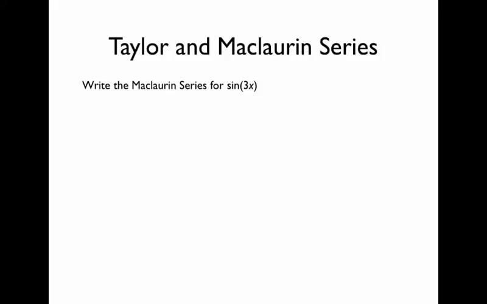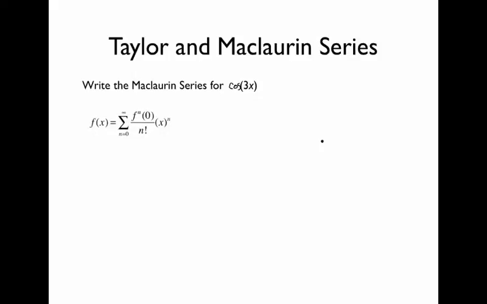Okay, so I actually want to do cosine here. All right, so we're going to write the Maclaurin series for cosine 3x. So there's our general formula of the Maclaurin series.